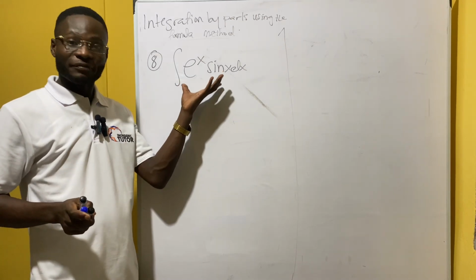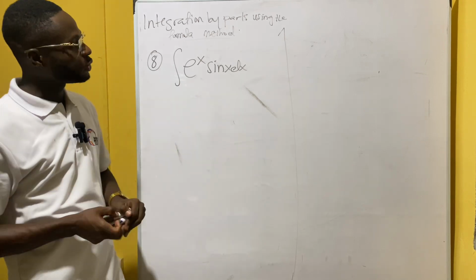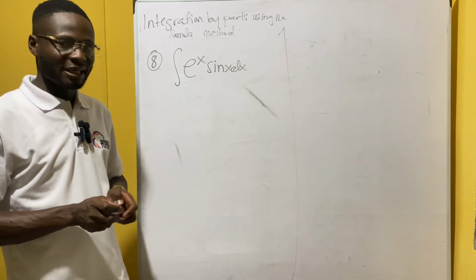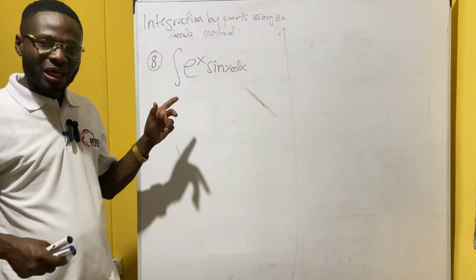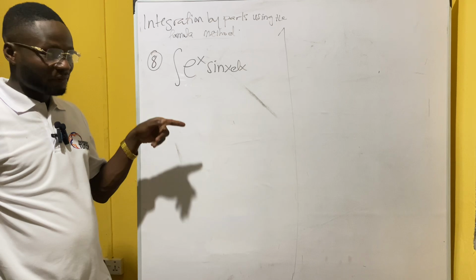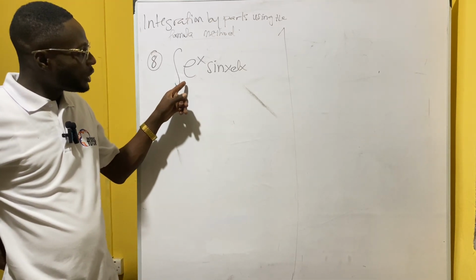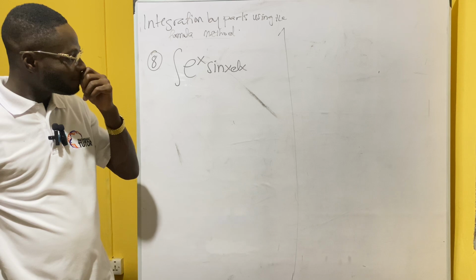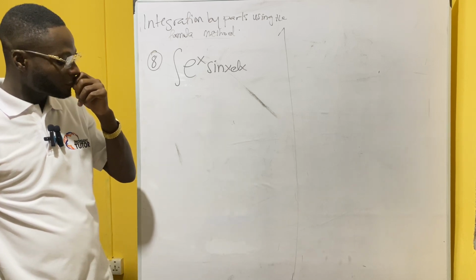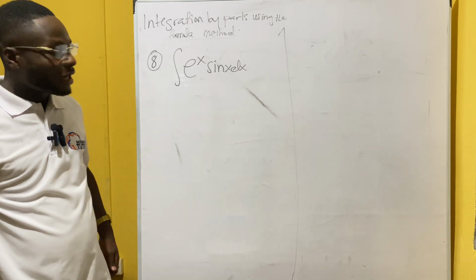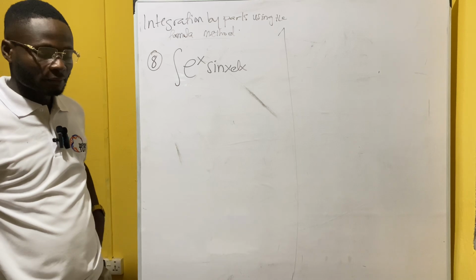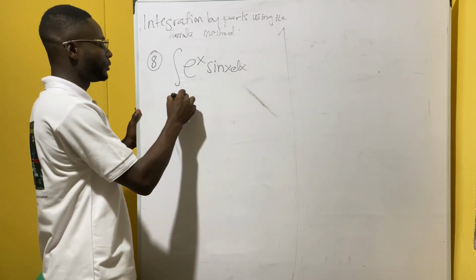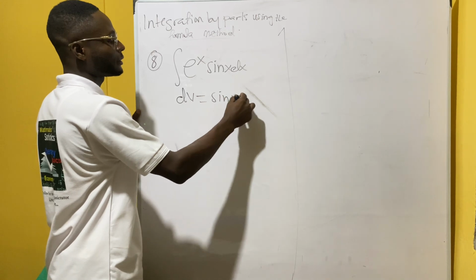None of these functions can be differentiated to a constant, so we have to choose either of them to be the u and the other the dv. By the rule we learned earlier, we choose our dv as sine x, so dv equals sine x dx.